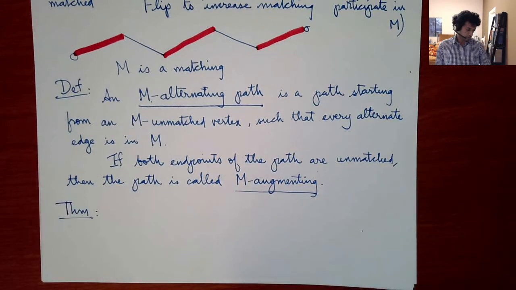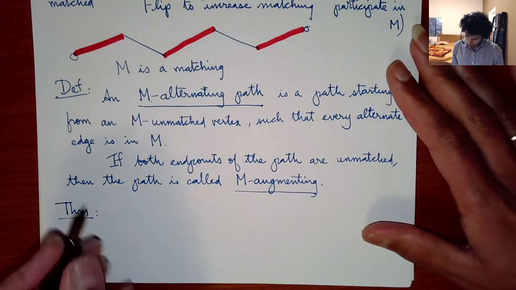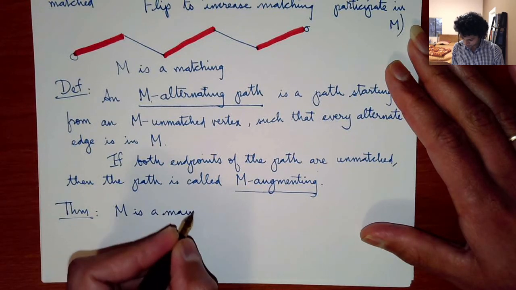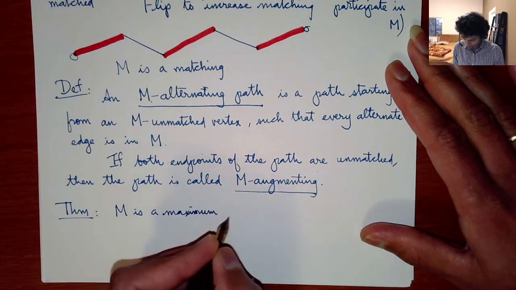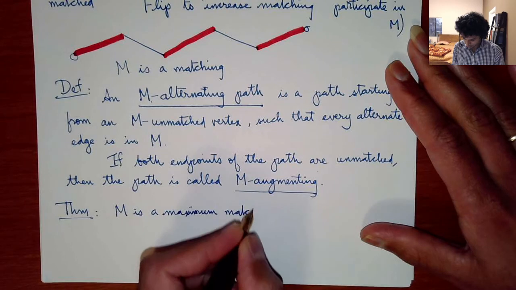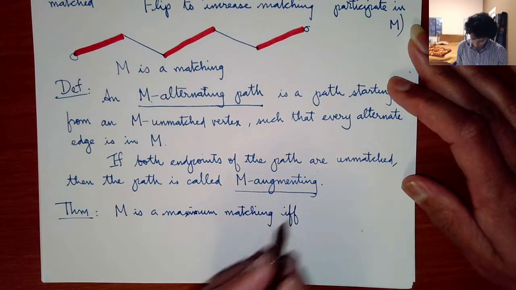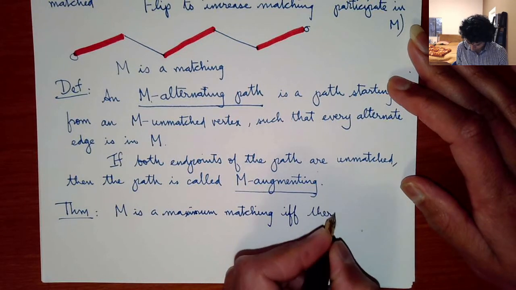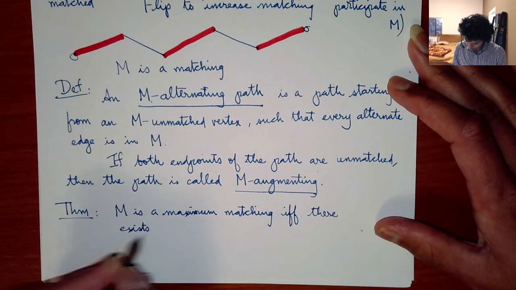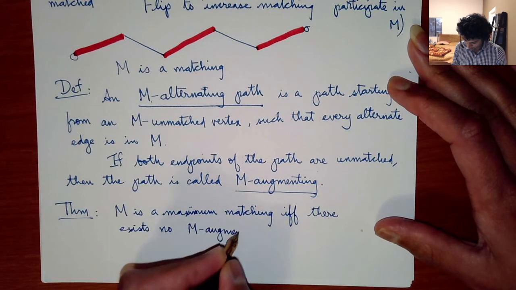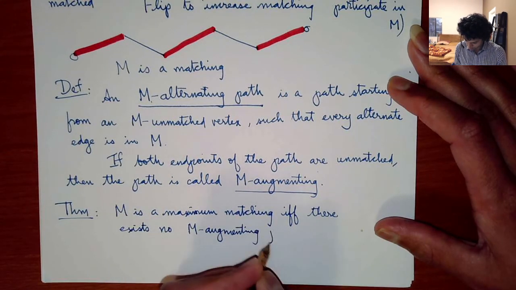So let's prove the fundamental theorem about augmenting paths. It's exactly this, except it's an if and only if, and that's the non-trivial part. M is a maximum matching if and only if there exists no M augmenting path.